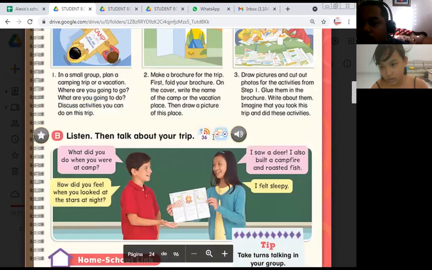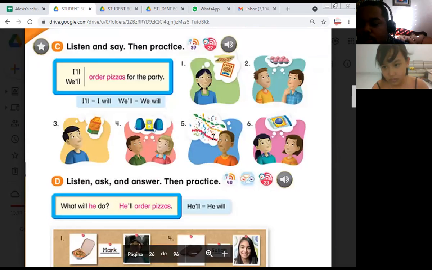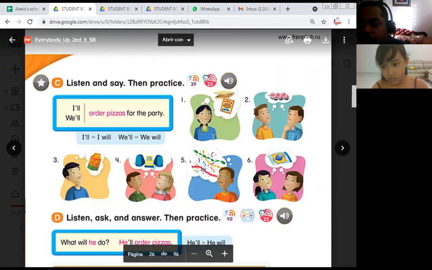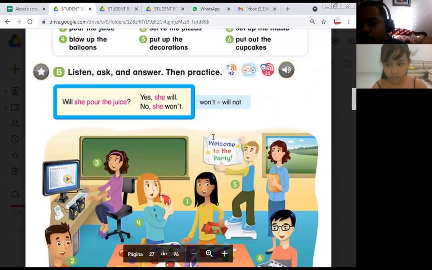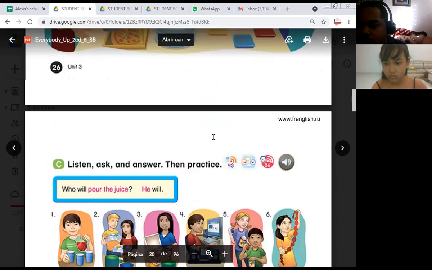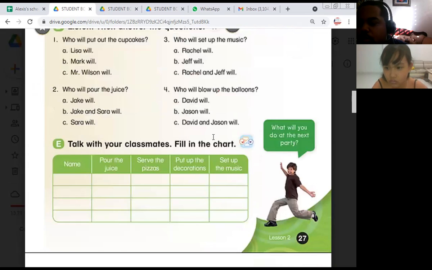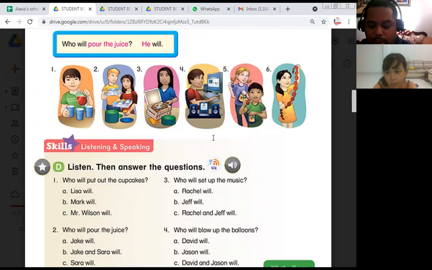And also, let me see which other page I can assign you. Okay, I want you to do 27. Pages 21 and 27, that'll be fine. Let me write it here just to make sure.